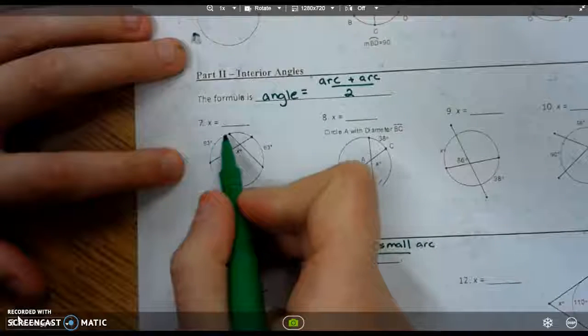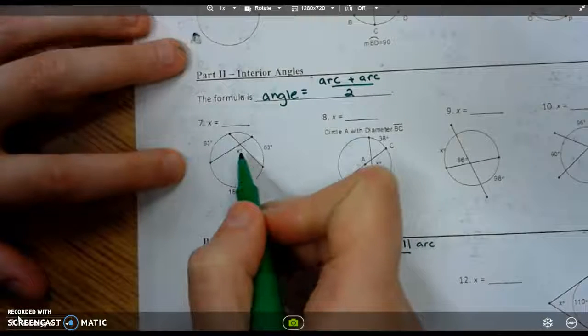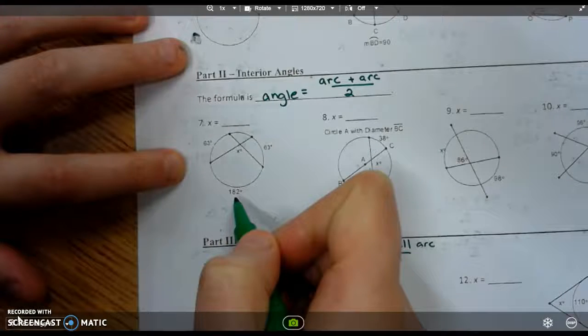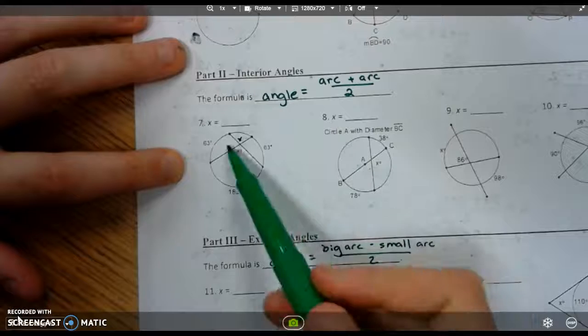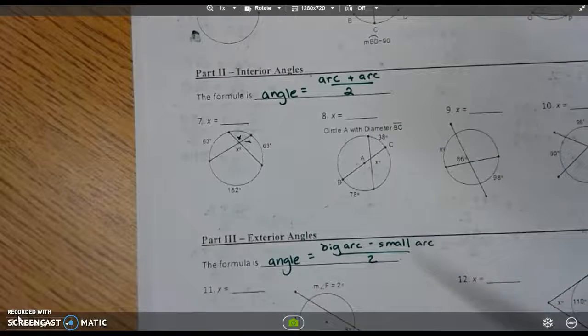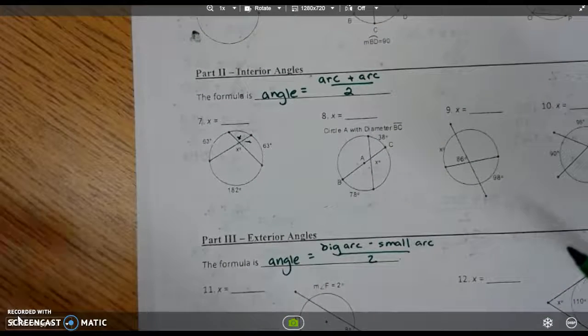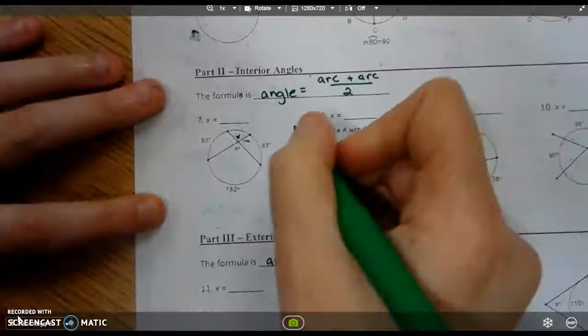So I've got an arc that's 63, an arc that's 63. X opens to 182. On the other side, X opens to something I don't know. However, I know that a circle has 360 degrees, right?